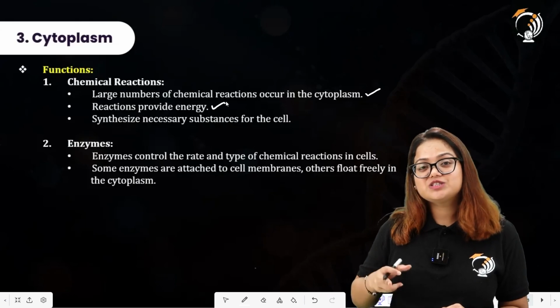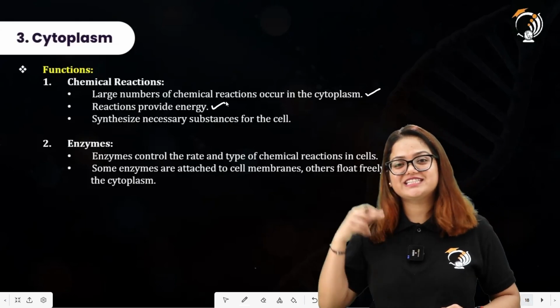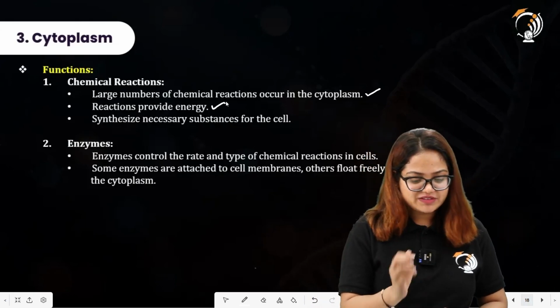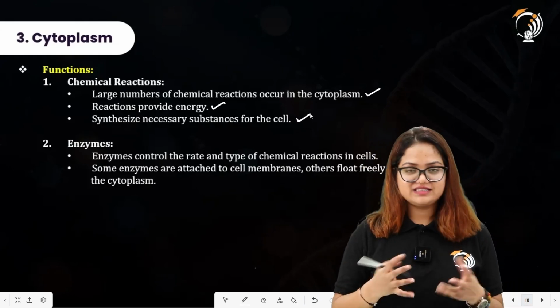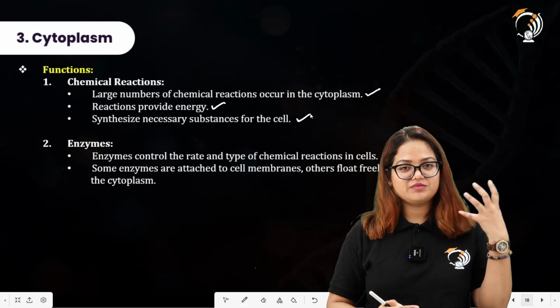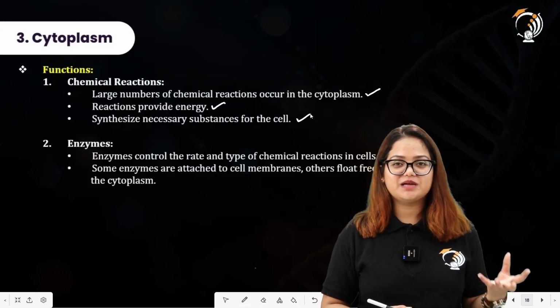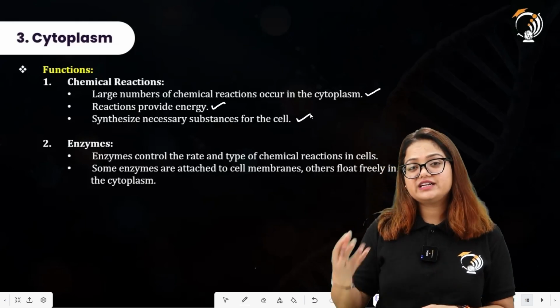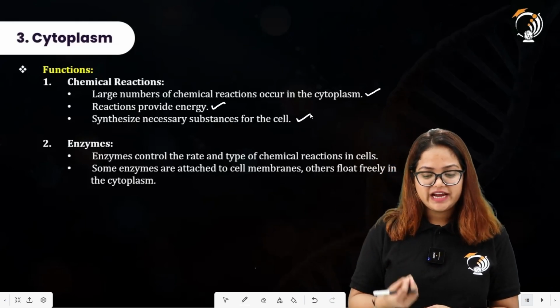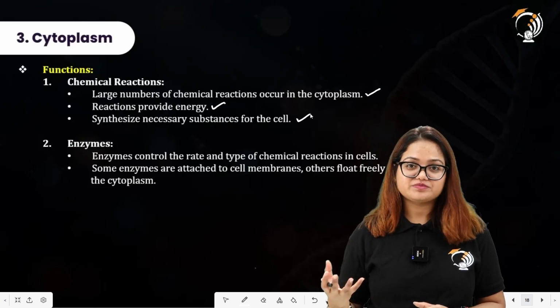We will study the structure which is responsible for synthesizing energy in a cell. Then we have the synthesis of necessary substances for the cells. One cell structure is able to produce something, and the other cell structure modifies it, or directly consumes it because it is necessary for its function.